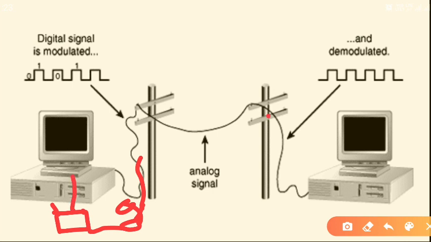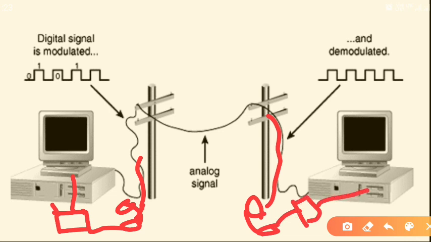In the same manner over here also, a wire goes to the telephone, the telephone is connected to the modem, and from the modem the wire goes into the computer, at the back end of the computer.